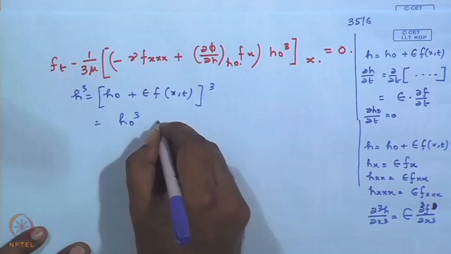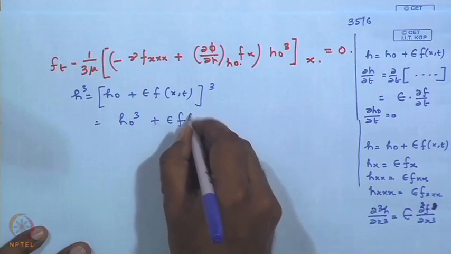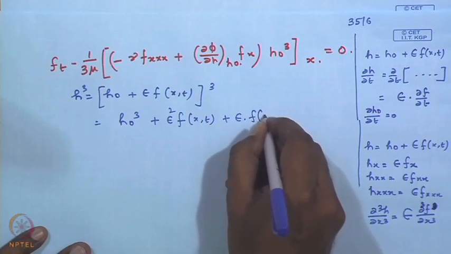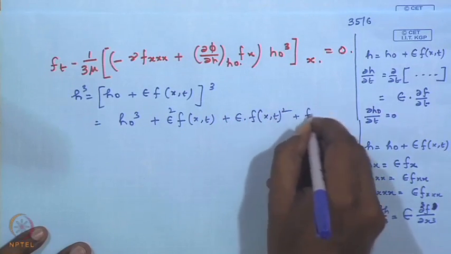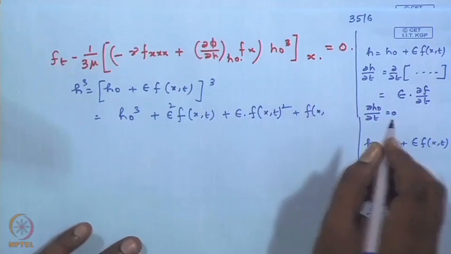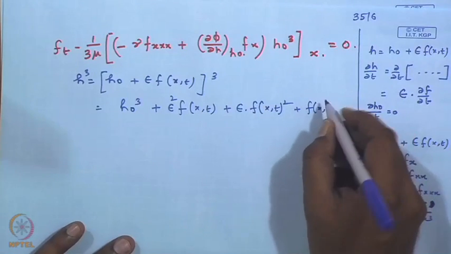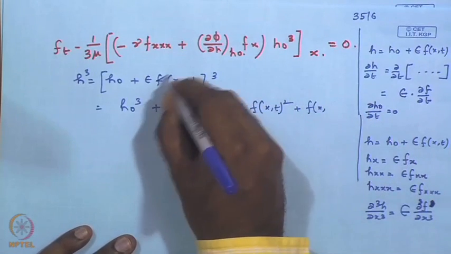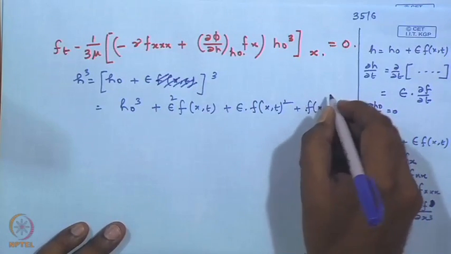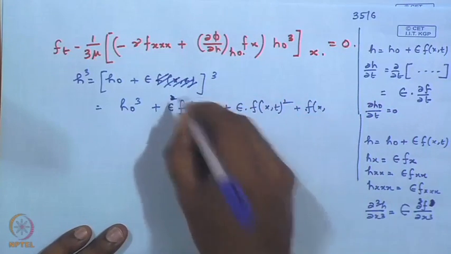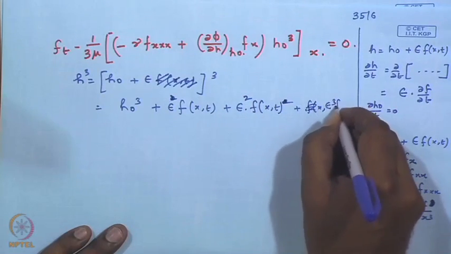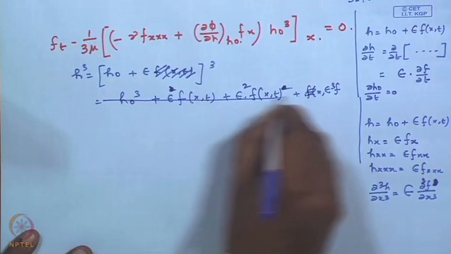So, it is h0 cube plus 3 h0 square epsilon f plus 3 h0 epsilon square f square plus epsilon cube f cube. I'm sorry for this expression.